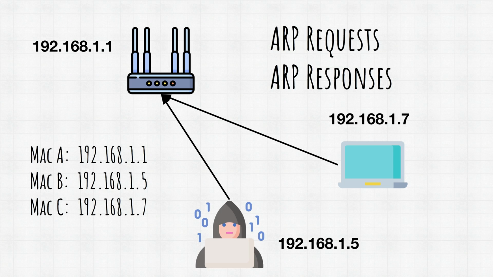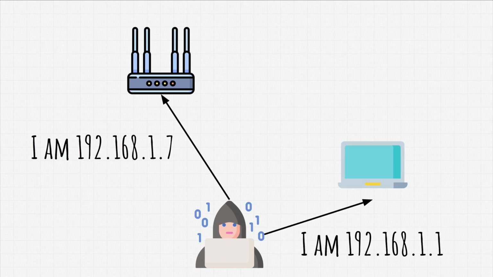But this protocol has a vulnerability, in the sense that we can send ARP responses to different devices and pretend that we are someone else, and the device that we send the ARP response to will accept that as a correct input for its ARP table. For example, if an attacker wanted to sniff network traffic from just one device on the network, he could do something like this. He would send an ARP response to both the victim and the router saying that he is one another.